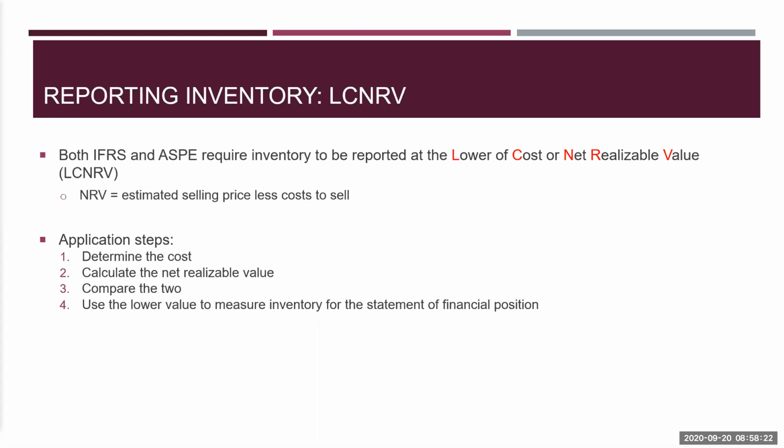We need to make sure that the ending inventory on the balance sheet is sitting at the lower of these two numbers. If your cost is lower, we don't have to do anything because it's already sitting at cost. But should your net realizable value, which is your selling price minus the cost to sell, be lower, then we would have to adjust our books and bring it down.